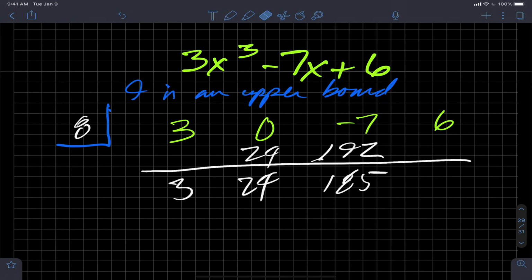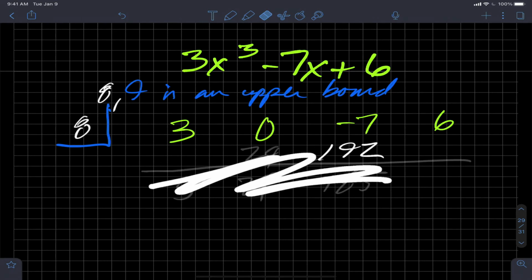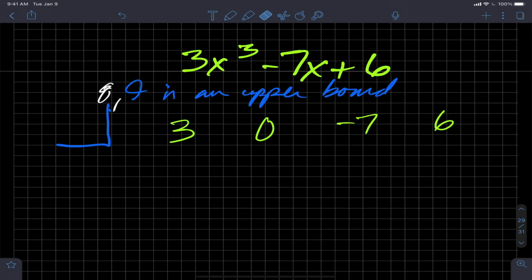And if I take 8 times 185, I get a very large positive number. Add 6, and it's still a very large positive number. So 8 is also an upper bound. To be clear, right now I'm looking for the least upper bound, the lowest number that is an upper bound.